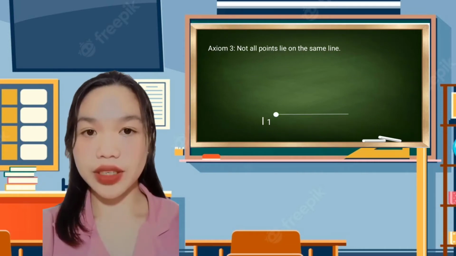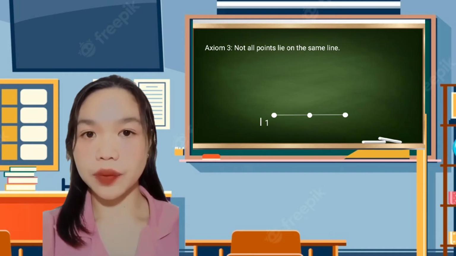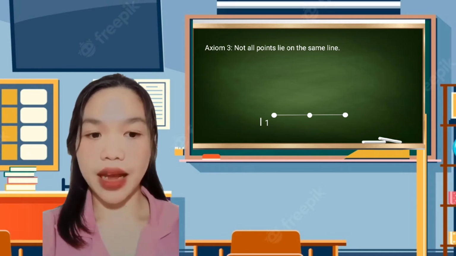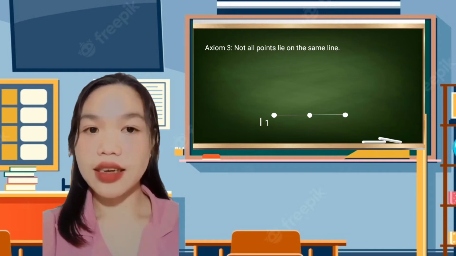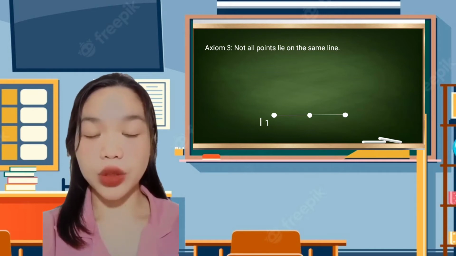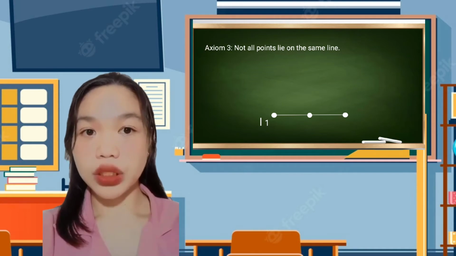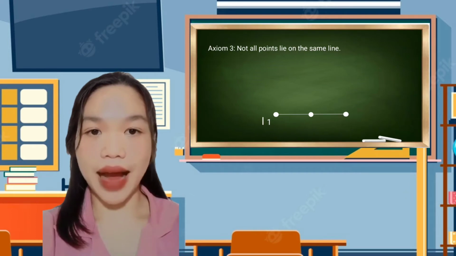Okay, since we're done with axiom number 2, let's proceed to our next axiom, axiom number 3. Not all points lie on the same line. If we look, we have line 1 which has 3 points A, B, and C, and to create another line, we need to add another point at the top.